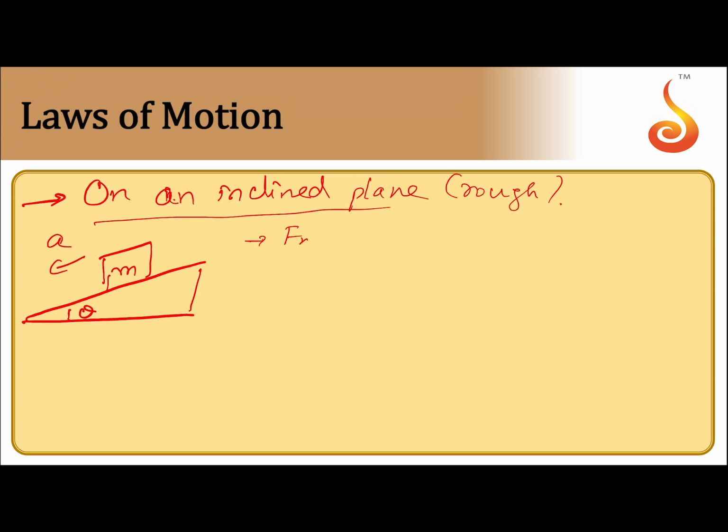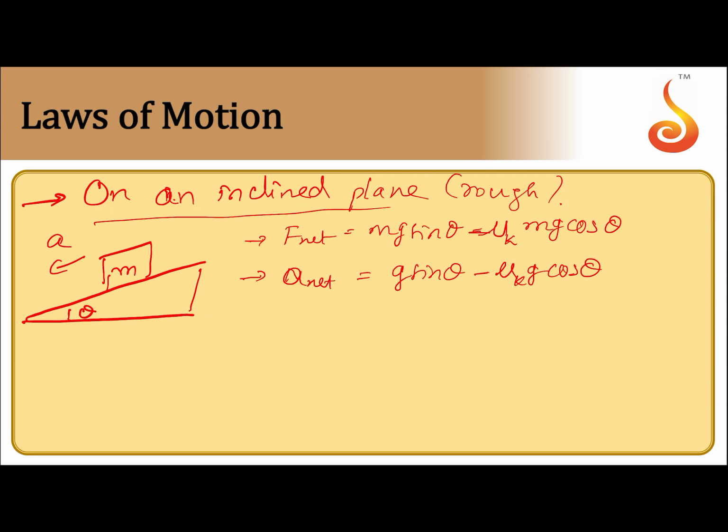Some of the important results are here. Number 1, the net force acting on the object along the downward direction is mg sine theta minus mu k into mg cos theta. You may wish to write down these details. Net acceleration is equal to g sine theta minus mu k g cos theta.